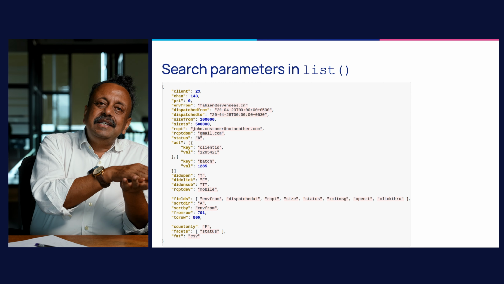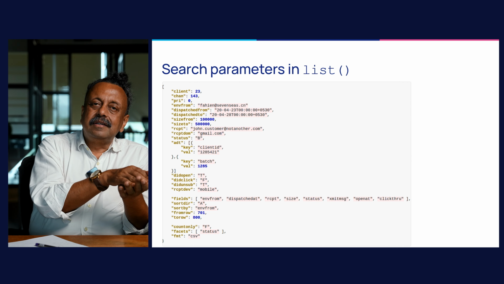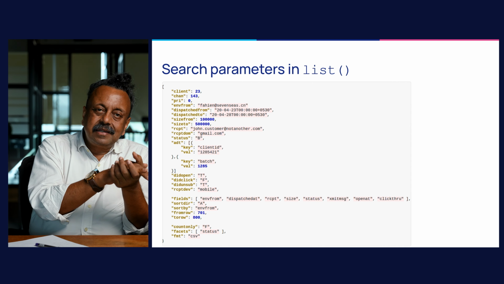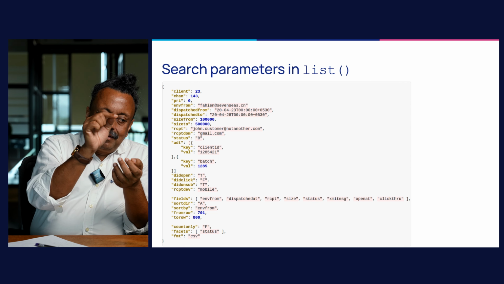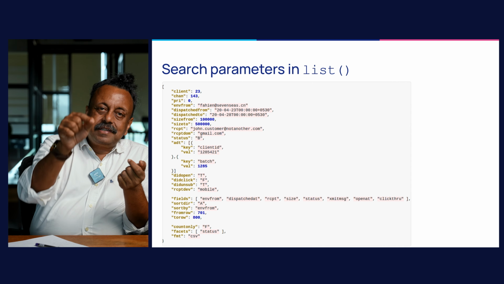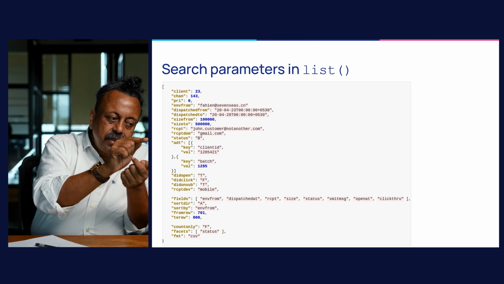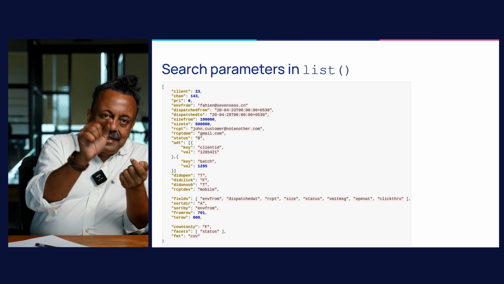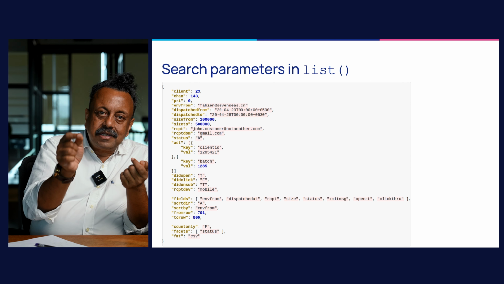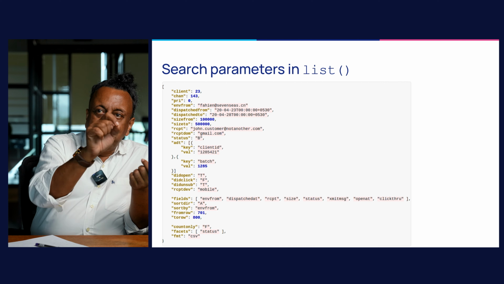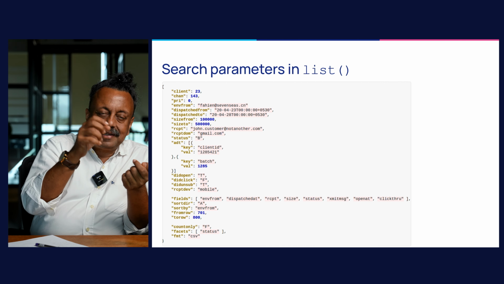Now, most of these fields are filters. So what happens is these parameters specify to the system, give me those objects whose XYZ field matches a particular value, whose ABC field matches a particular value, etc.